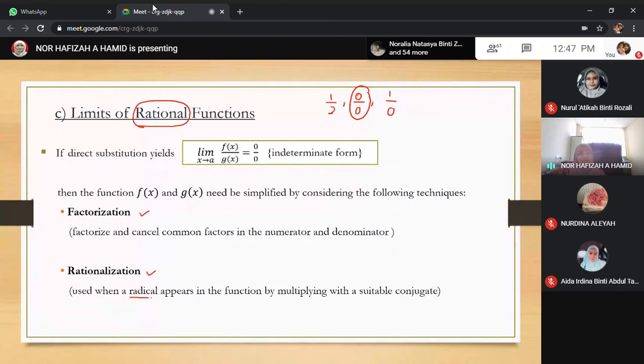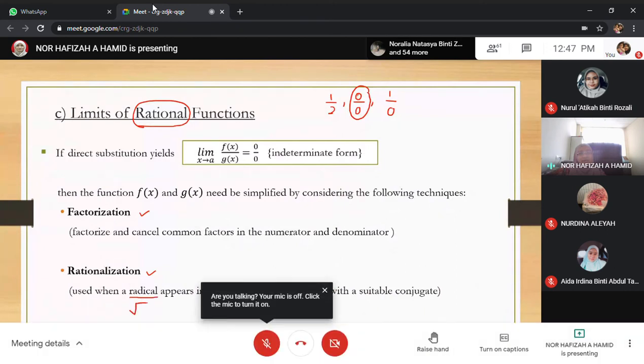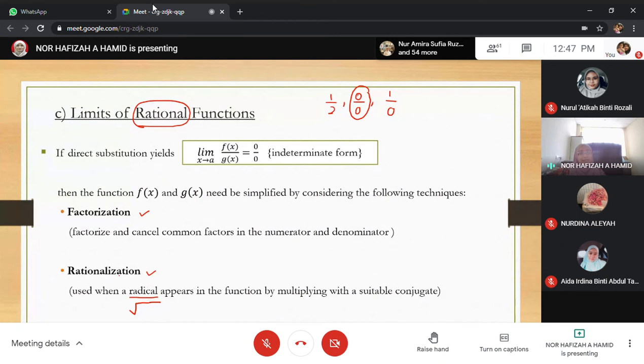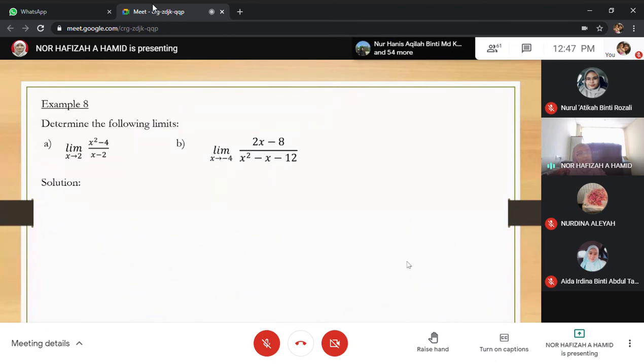So radical ni is surd lah. Bentuk surd ni ada dalam SEM 1 you belajar number system. Okay, so bila ada surd, then you need to use the second method, rationalization. So method dia you need to multiply with a conjugate. So conjugate pun sama, definition of the conjugate semua you dah belajar masa semester 1. Okay, so you can refer to example 8.